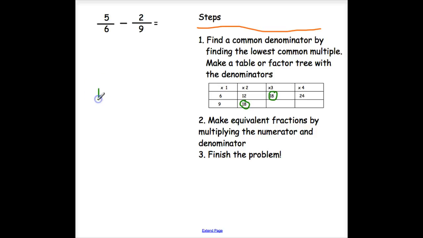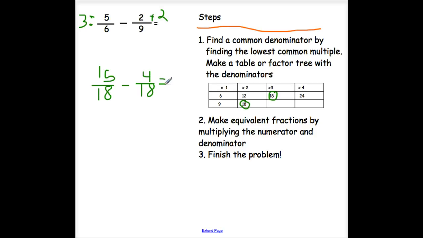So if I make my denominators 18, I then multiply 5/6 by 3 is my multiplier, and I get 3 times 6 is 18, 3 times 5 is 15, so I have 15/18 minus, and for 2 my multiplier is 2 right here, so I go 2 times 2 is 4, and 2 times 9 is 18, of course.